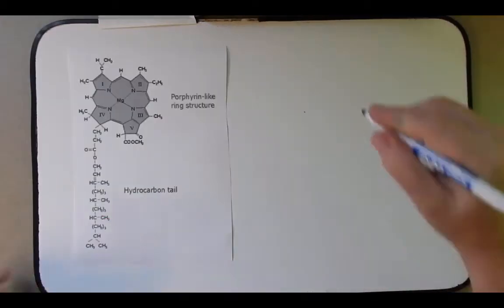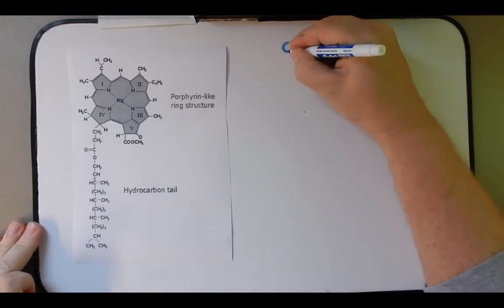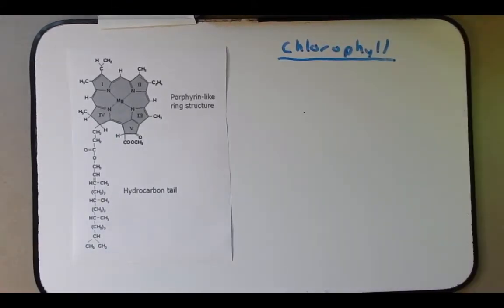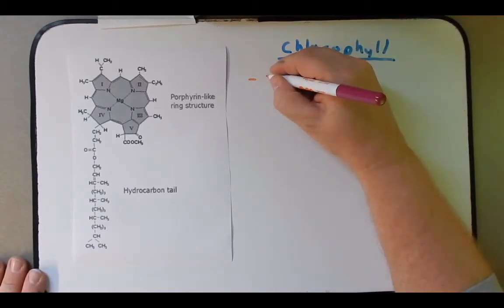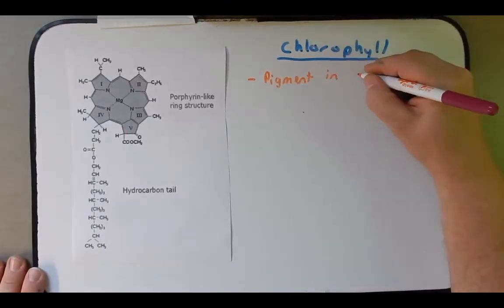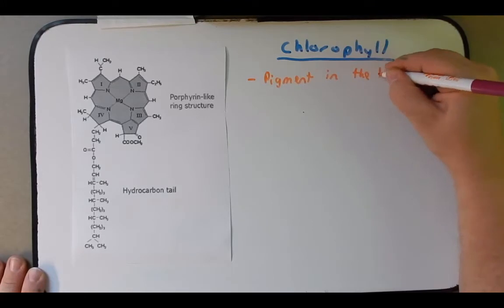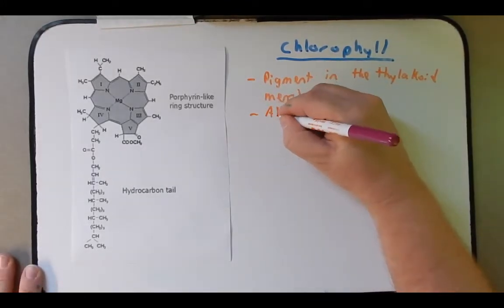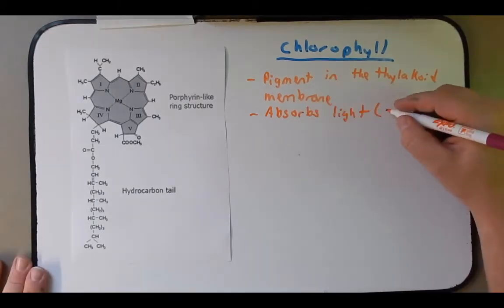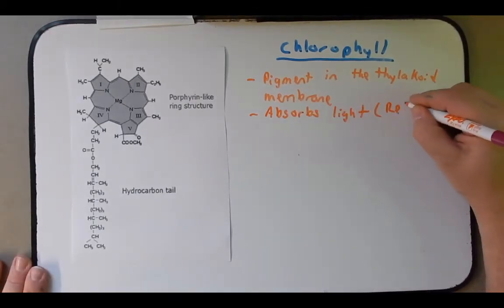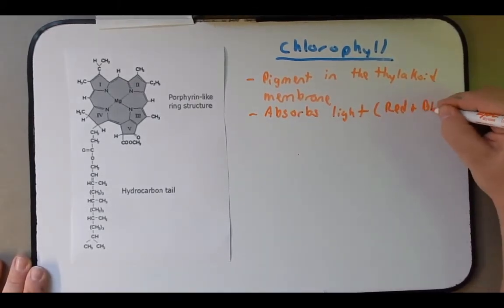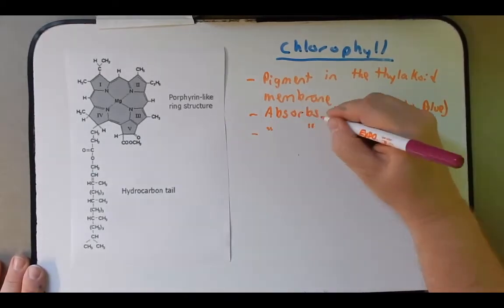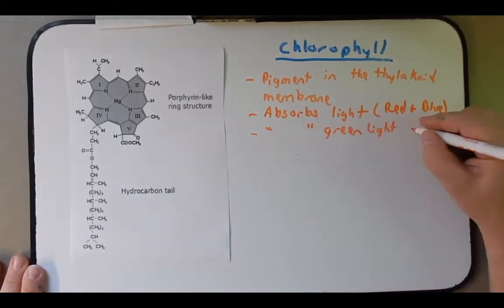Okay, so let's spend a little bit of time talking about chlorophyll before we jump into a discussion of stage 1 photosynthesis. So chlorophyll is a pigment in the thylakoid membrane. This pigment absorbs light. Particularly, it absorbs red and blue light very well, but it absorbs green light poorly.